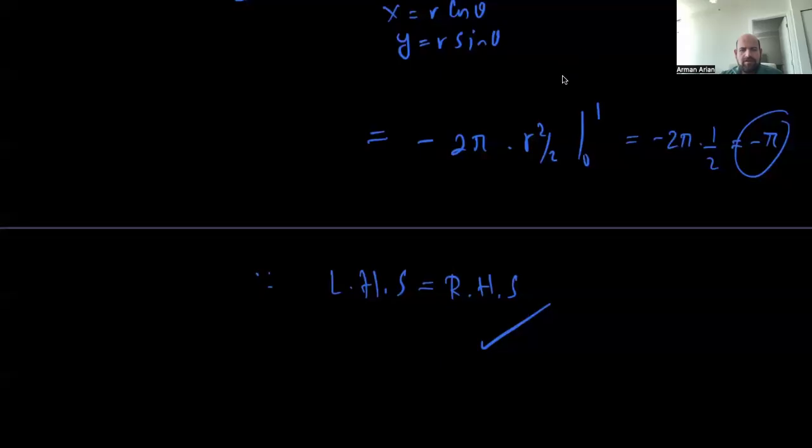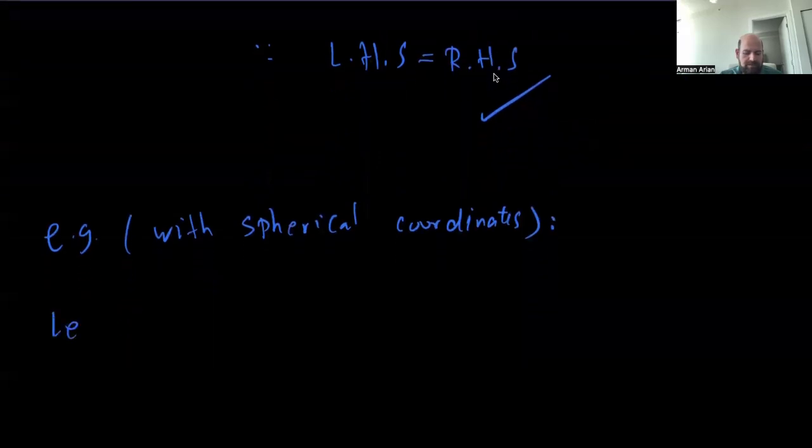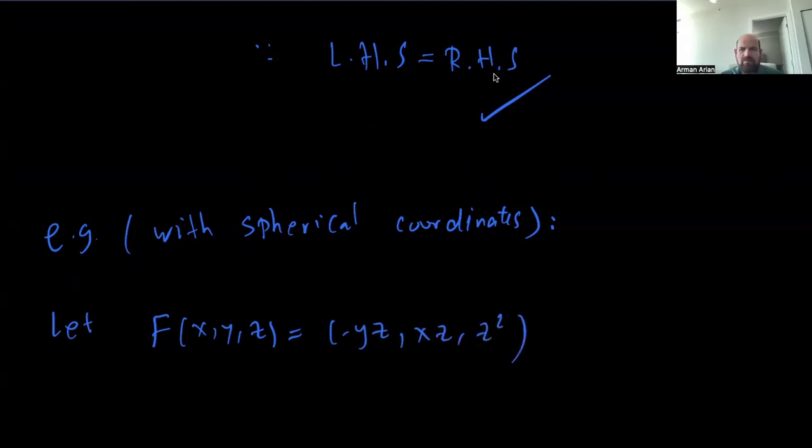All right, now let's look at one example where we have to use spherical coordinates. So next example, with spherical coordinates. Let f of x, y, z again equal minus yz, xz, and z squared. So this is our vector field.